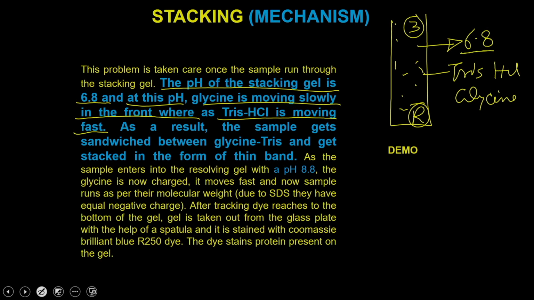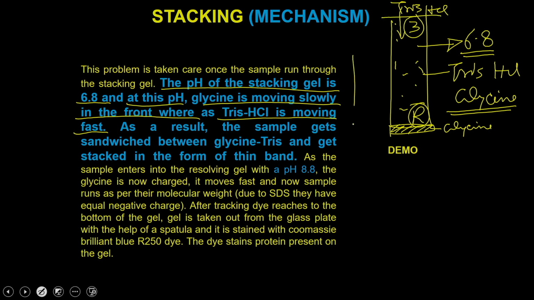So, at 6.8 the glycine has very low electrophoretic mobility. Because of that, there will be a blockage of glycine in the front. So, you have glycine molecules sitting in the front, and then you have the tris molecules which are present from the top.